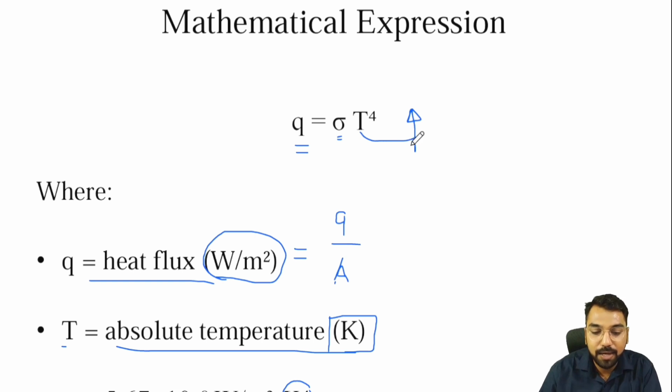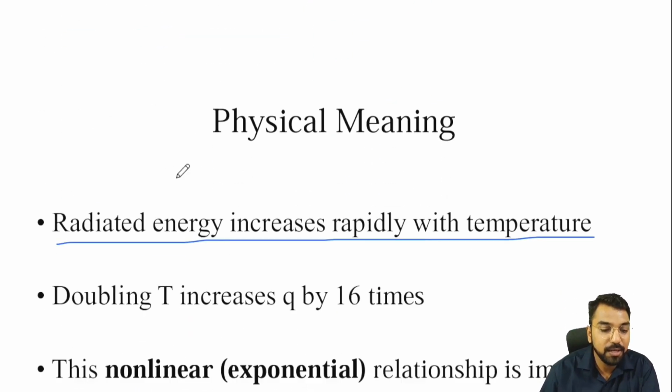If we increase this temperature, then because of the fourth power, say X is the temperature, the total heat energy radiated will increase by this fourth power. So a small temperature increase will cause a larger energy transfer in the form of radiation. That is what is stated physically as the radiated energy increasing rapidly with temperature.